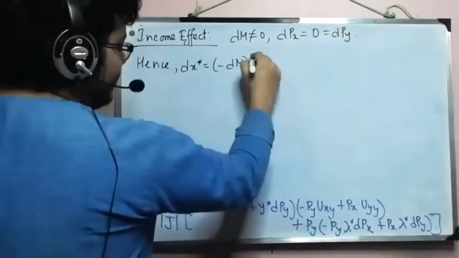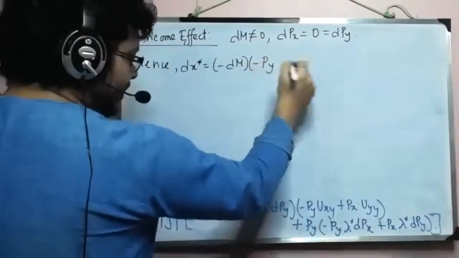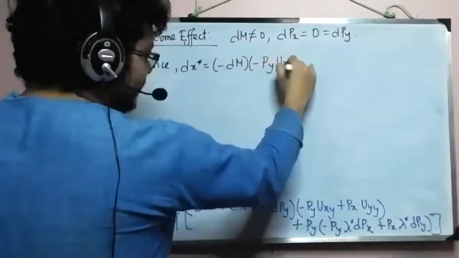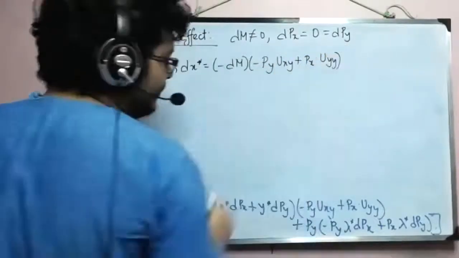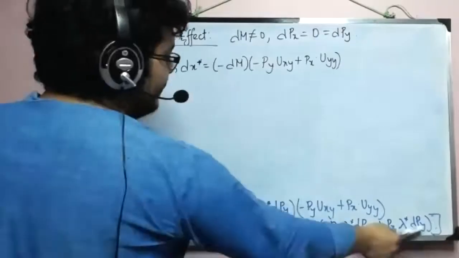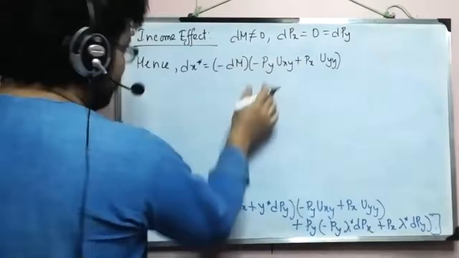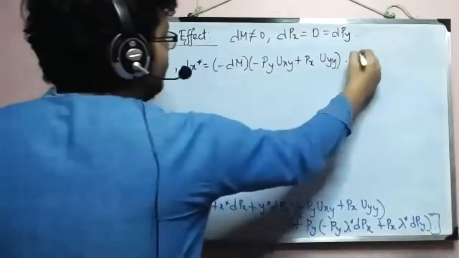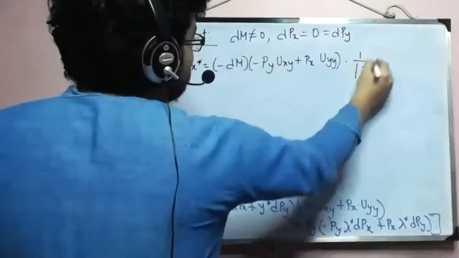And obviously this expression which is multiplied: py uxy plus px uyy. Here dpx and dpy are both 0, so no role for that expression. And into 1 by Jacobian, so never forget to write this.